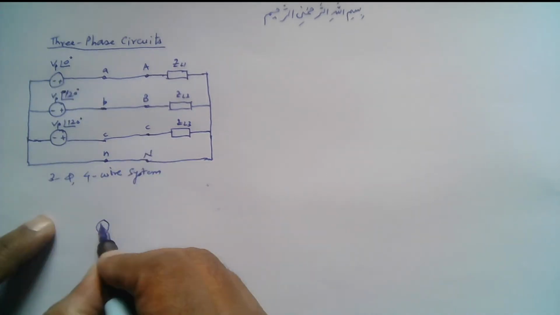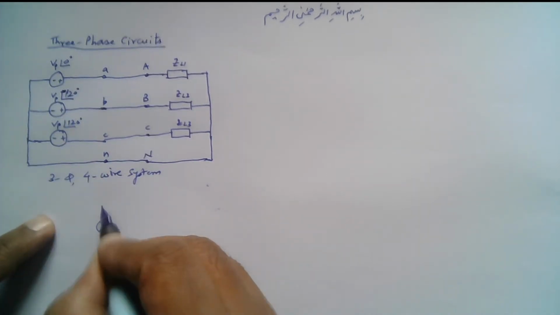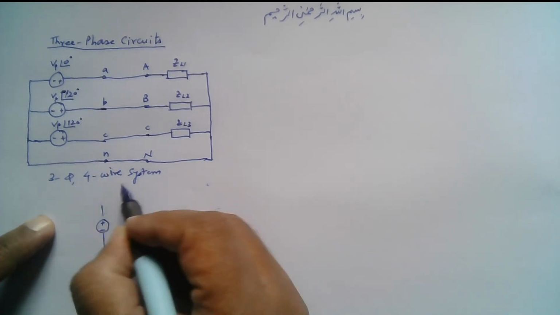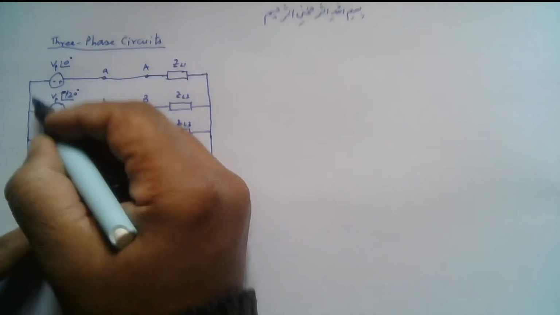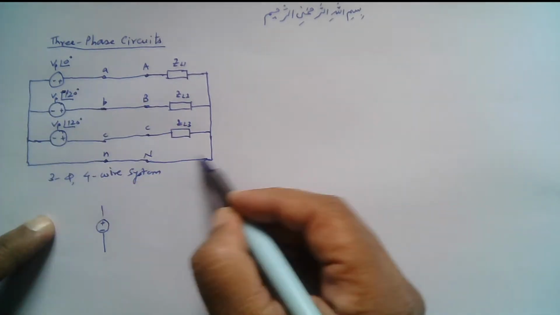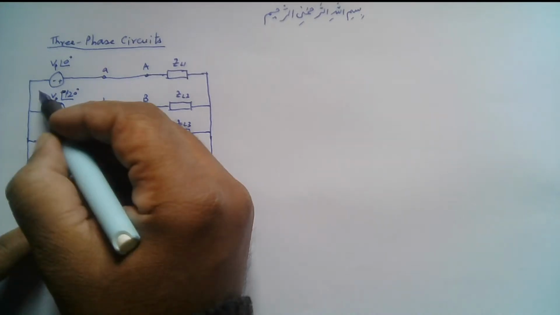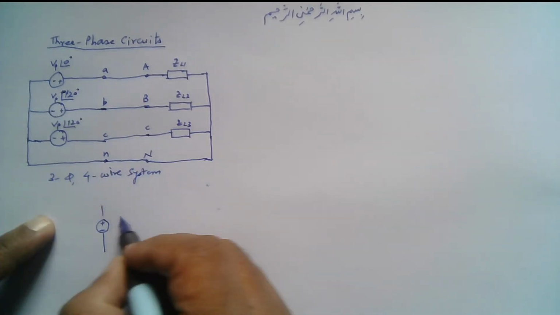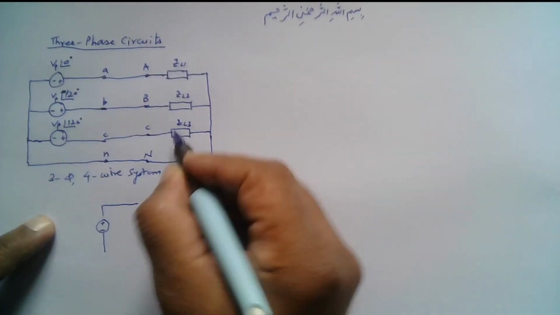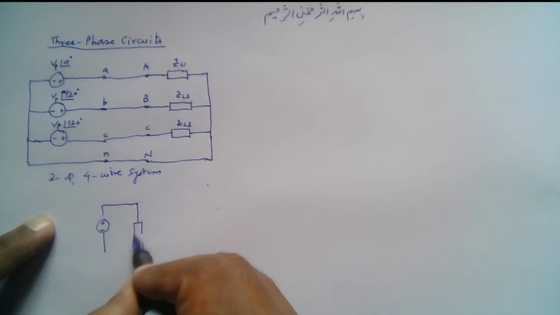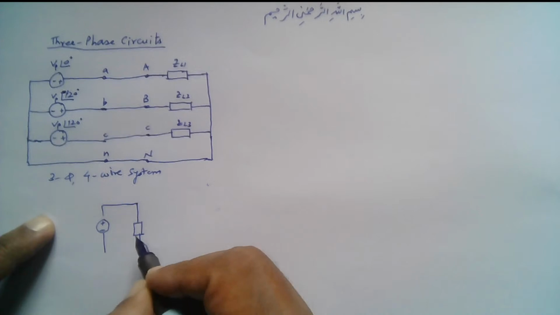So this is plus sign here, this is negative sign here, right? And you see this wire here is the same wire, right? All these terminals are shorted together. So this, for example, can be drawn like this, right?